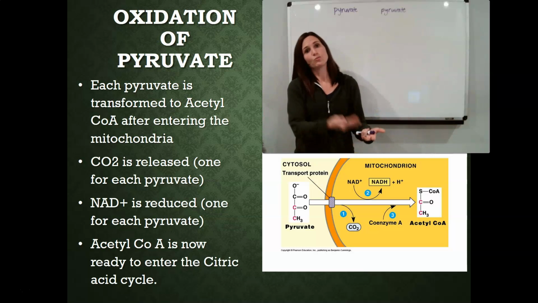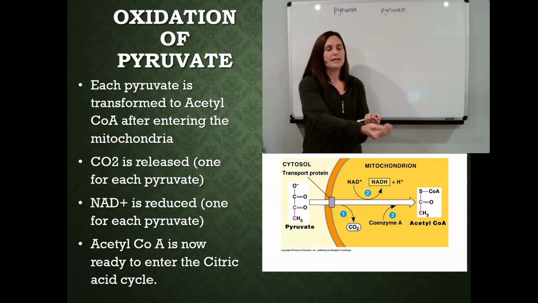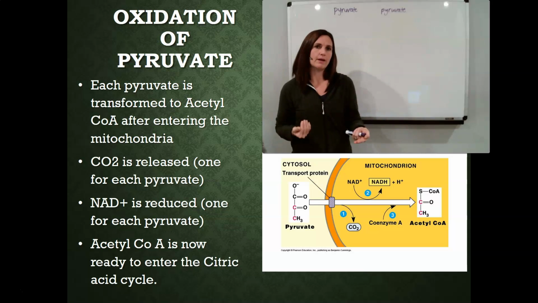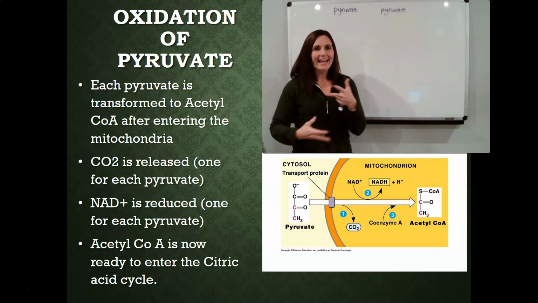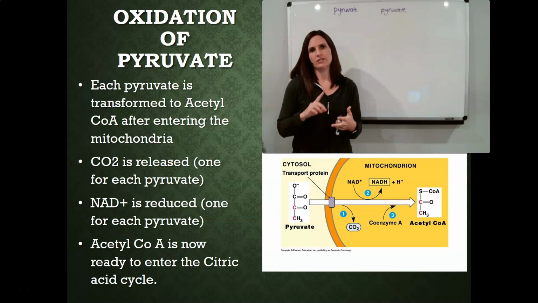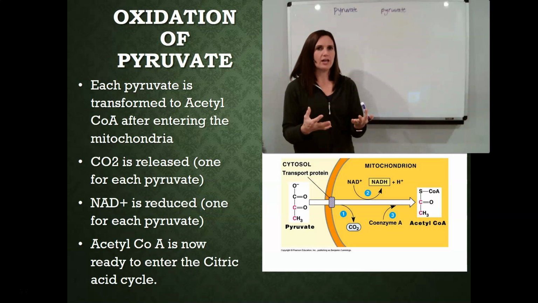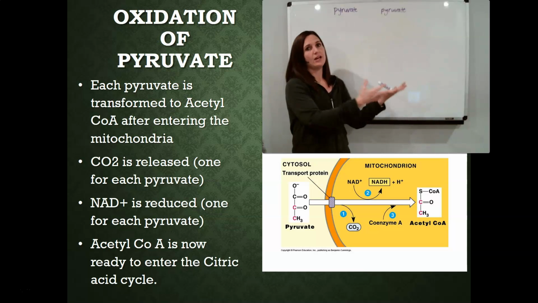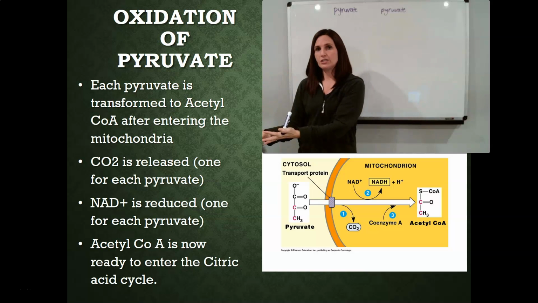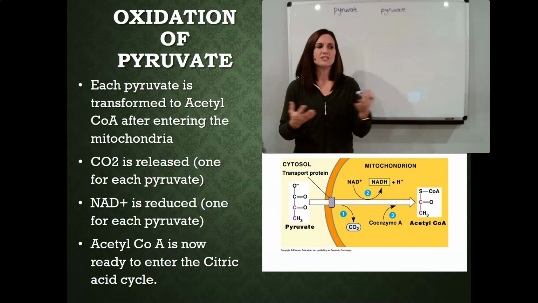In order for the rest of cellular respiration to take place, pyruvate needs to come across the mitochondria's membrane into the mitochondria and get put into the proper position to enter into the Krebs cycle. So we call this kind of transition of pyruvate to what needs to go into the Krebs cycle, acetyl coenzyme A, the transition step.